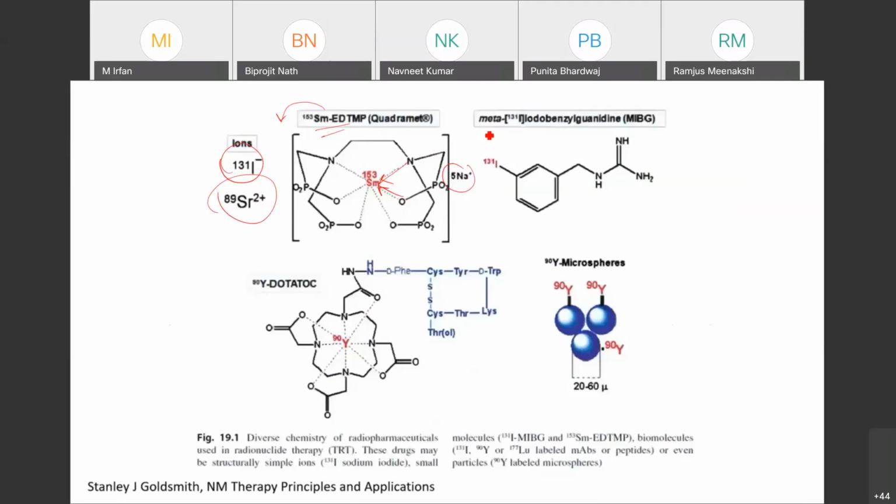If you see the structure of MIBG, there's the benzene ring and there's the meta position. That's why we call this meta-iodobenzylguanidine. And in the structure of DOTA-TOC, we can see yttrium-90 sitting at the center and forming multiple coordinate covalent bonds with oxygen, nitrogen, and everything else. And that's the peptide sequence over here. This peptide is specific for the SSTR receptors.